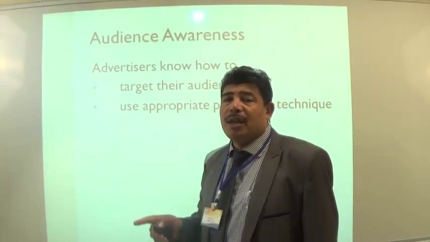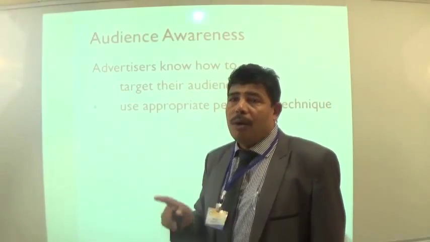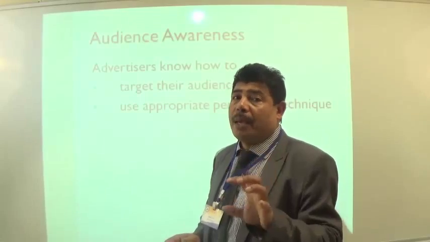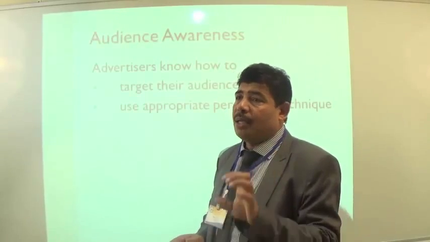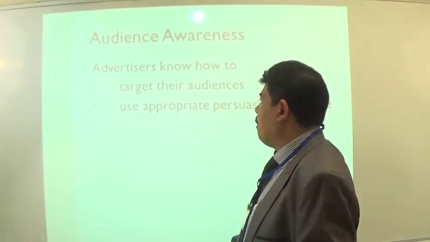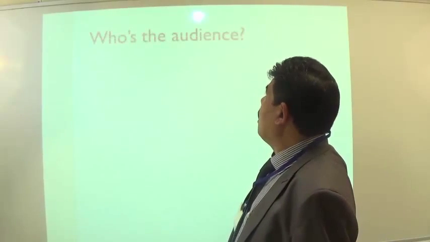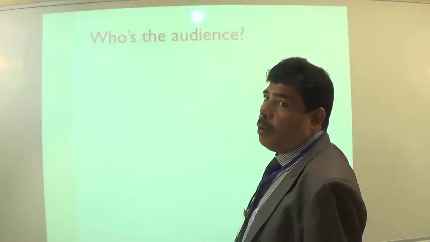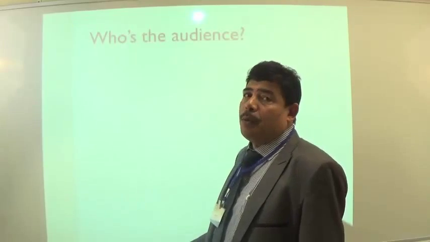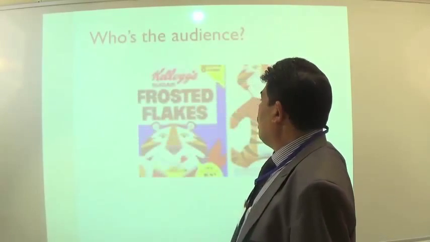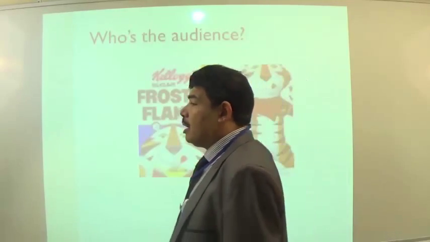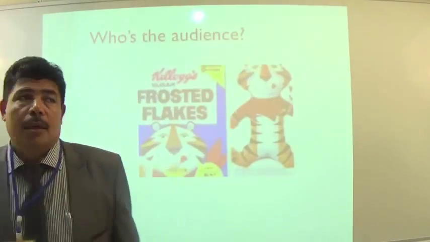Not all persuasive techniques are suitable all the time. So try to select the one that's suitable for your company or your topic you are trying to persuade people with. And who is the audience? You must know who is the audience. Who are the people you are addressing? Like this. This advert is for children.